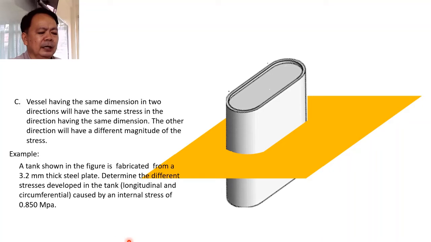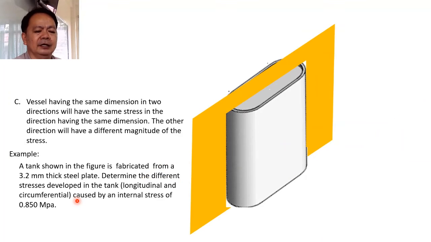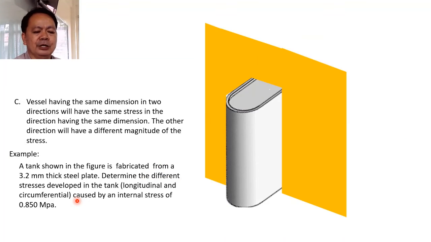Ang hinahanap natin, tatlong different stresses. Pag sinabi ditong longitudinal, edi dito sa stress na ito. Pag sinabi ng circumferential, dalawa yung stress sa circumferential, yung stress dito at saka yung stress dito. They are both circumferential stress. Doon sa hinahanap natin, tatlo.